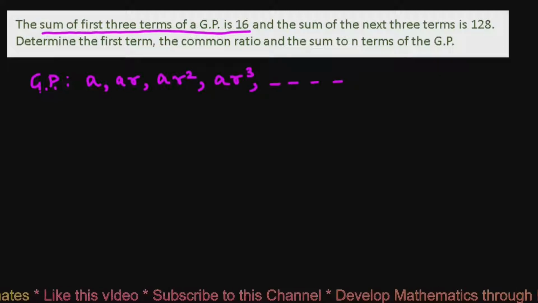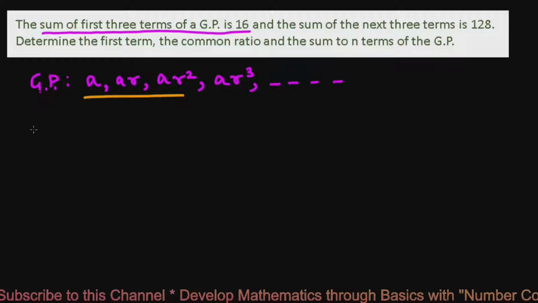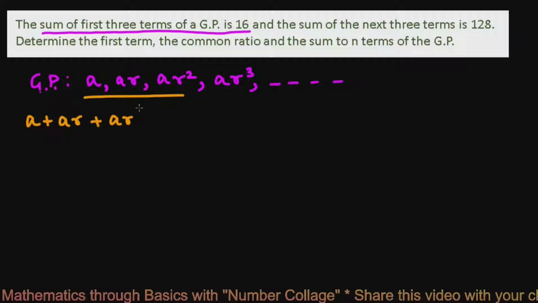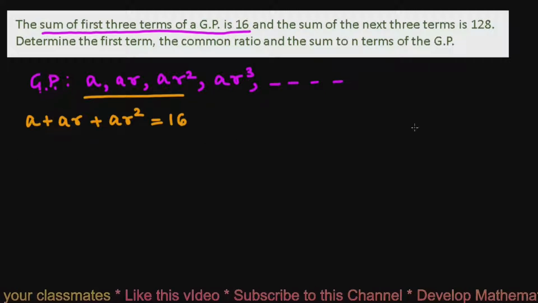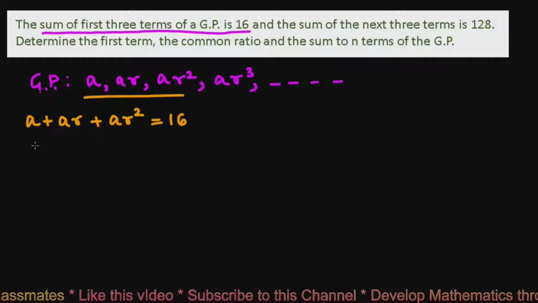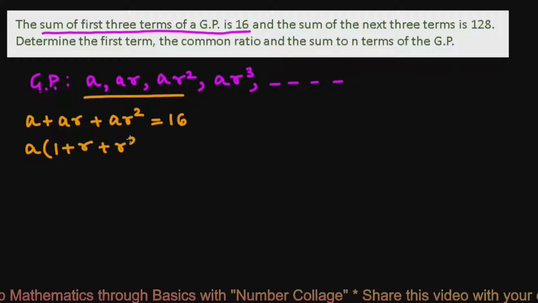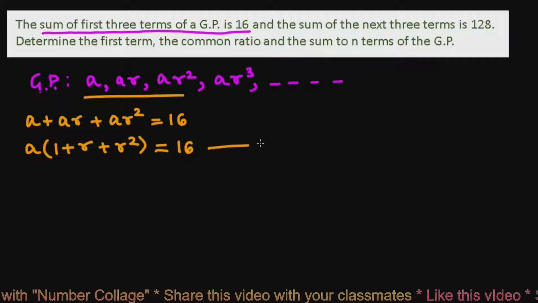Now since the sum of the first three terms is 16, we write a plus ar plus ar square equals 16. We can take a common, and we write this as a times (1 plus r plus r square) equals 16. We call this equation 1.